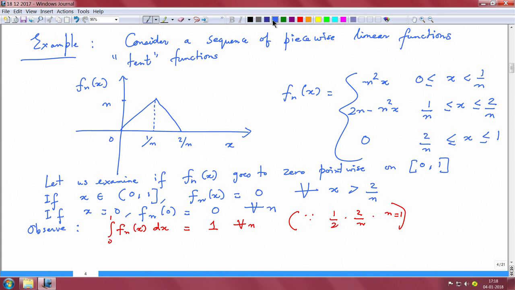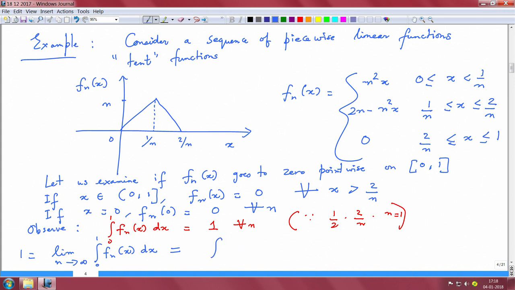Now, the limit as n goes to infinity of the integral of this function is 1, because this integral is 1. Let us examine if it is equal or not equal.